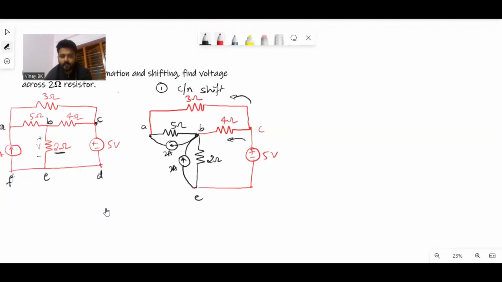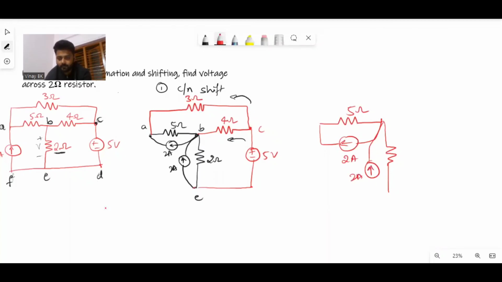The circuit becomes like this: the 5 ohm resistor with a current source of 2 amperes across it, and the 2 ohm resistor with an upward current source of 2 amperes, A, B, E.